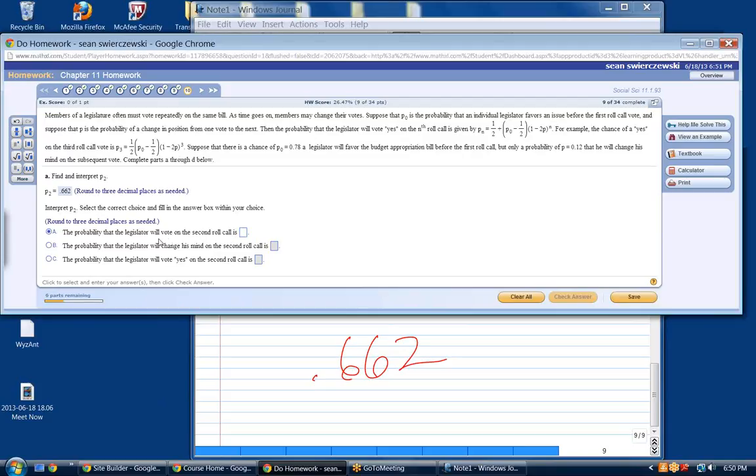Notice the last sentence differs from the first only in that he'll vote in the first one, and in the second one he'll vote yes. So it looks like it's C, and this should be 0.662. If I'm interpreting that, the probability that the legislator will vote yes on the nth roll call is that number. We just figured out that number was 0.662. That's got to be it. They're flipping around the question. Well, I don't know what they're doing here. Probability that they'll vote is 100%. Yeah.